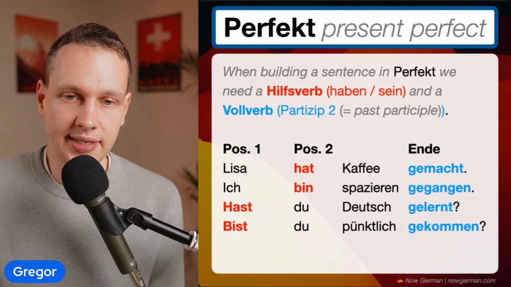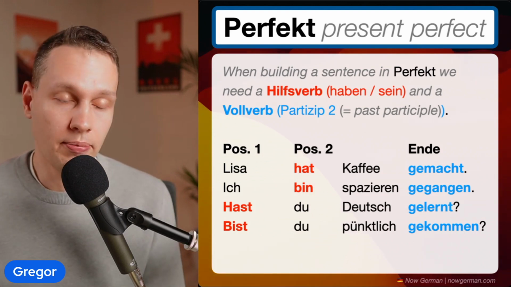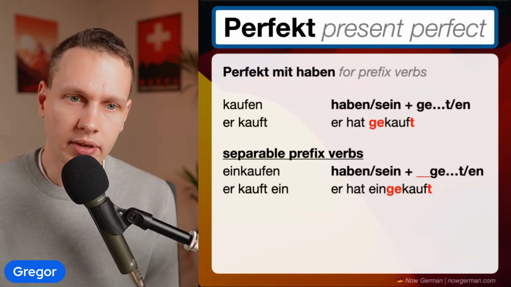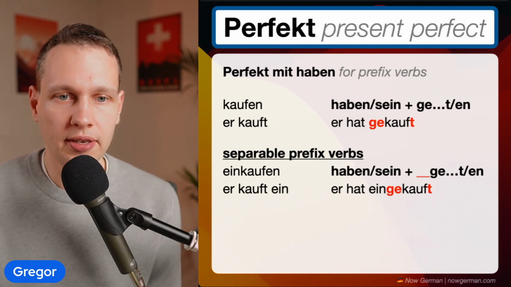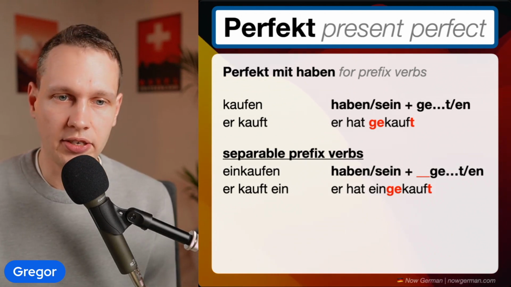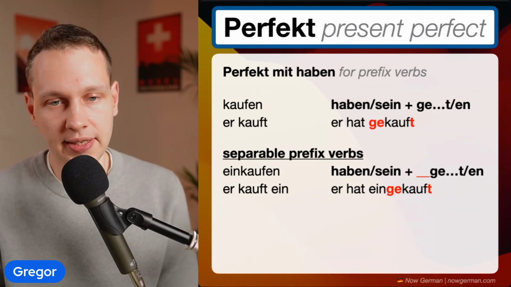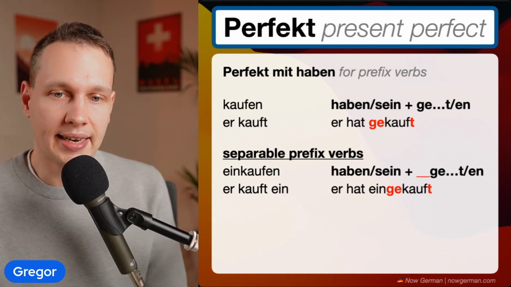And now let's look at a few more groups that are a bit different from the standard rules we learned before. The first group we look at is separable verbs, like einkaufen that I just mentioned before. So here, if we use the third person singular present tense conjugation, we'll get kauft ein.